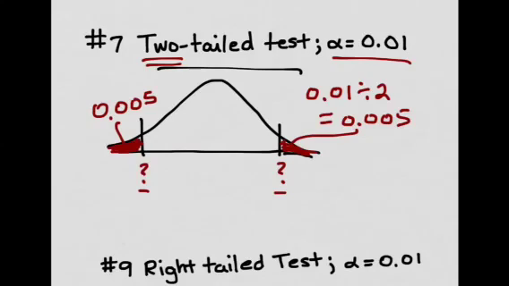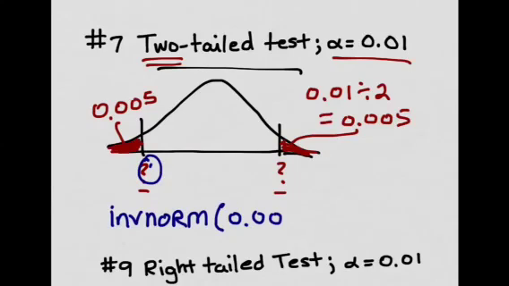So in order to calculate this, what I'm going to type into the calculator is inverse norm, or INV norm, and it'll open with a parenthesis, and I'm going to find the bottom value first, so I'm going to just type in 0.005.